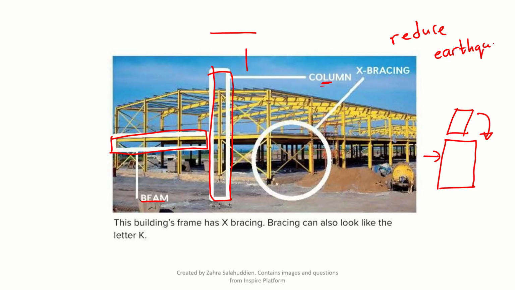Well, we can put in X or K shapes. If I put an X or a K shape into my building like this, I call it a bracing. And bracing can make my building stronger to reduce earthquake damage.